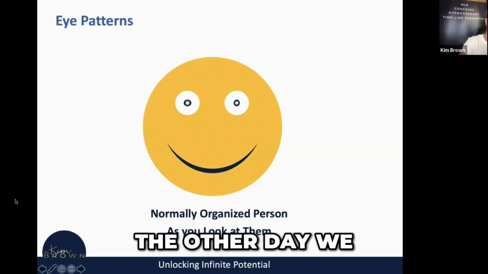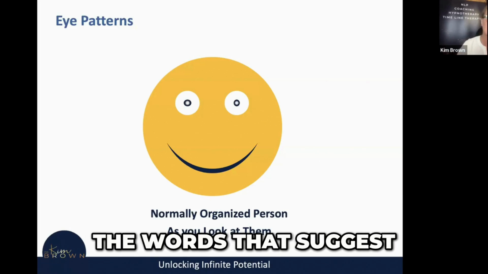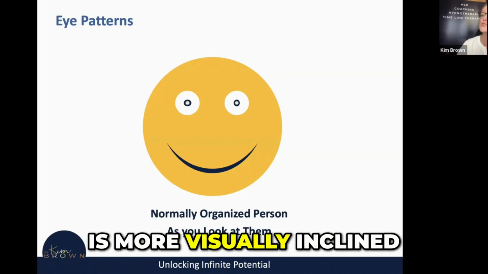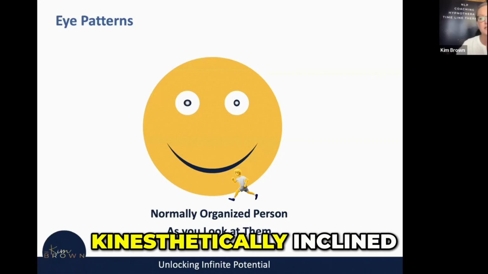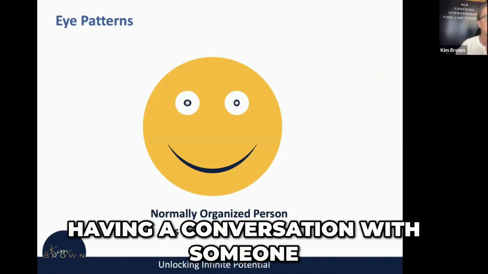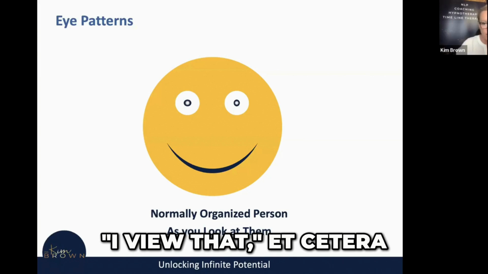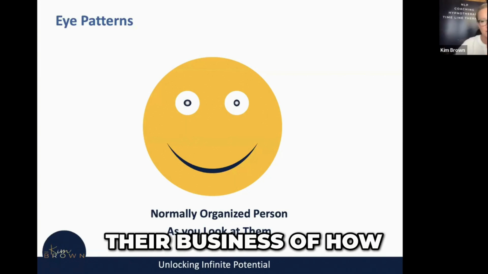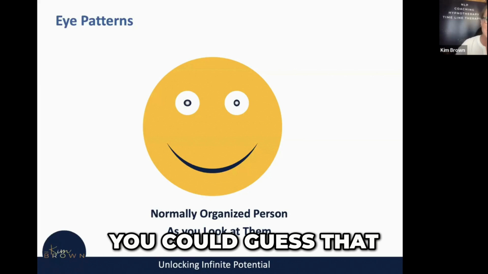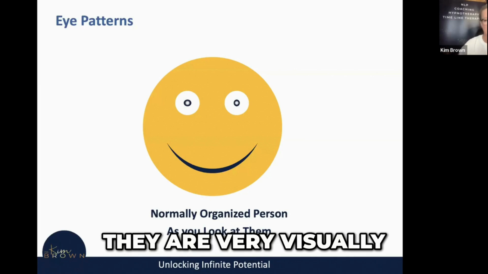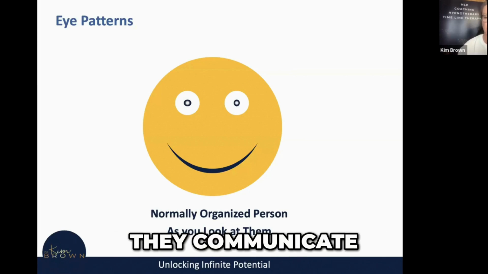So the other day we talked about predicates, the words that suggest whether someone is more visually, auditorily, or kinesthetically inclined. If you were having a conversation with someone, and they say I see this and I picture that and I view that, you could guess that they are very visually dominant in the way they receive things and how they communicate.